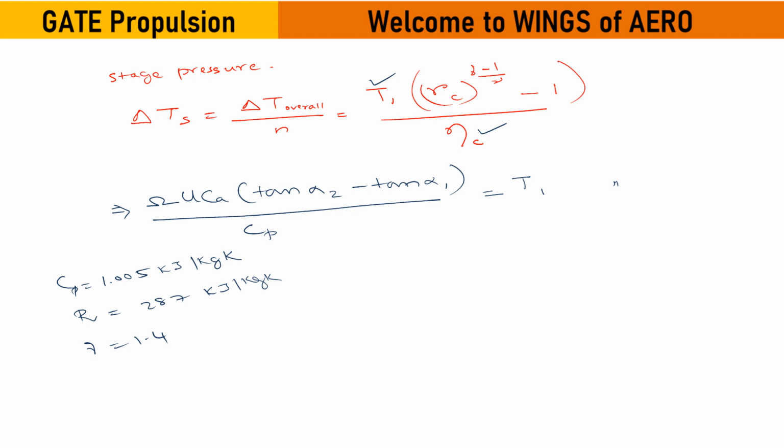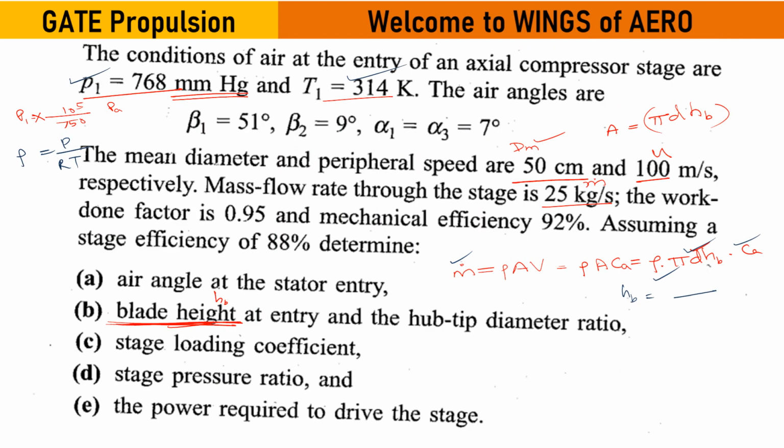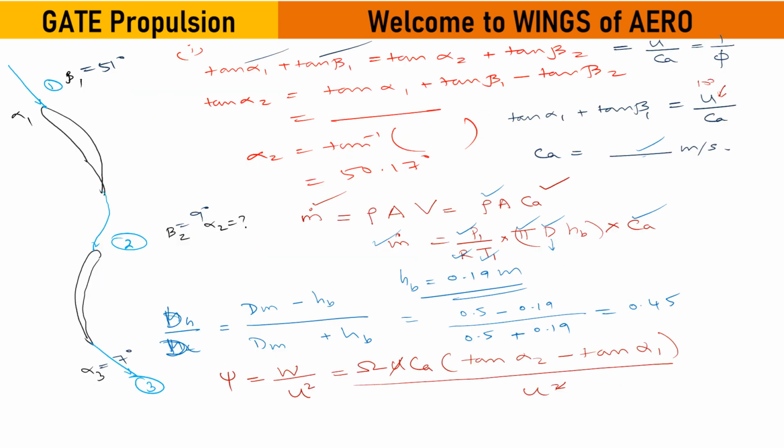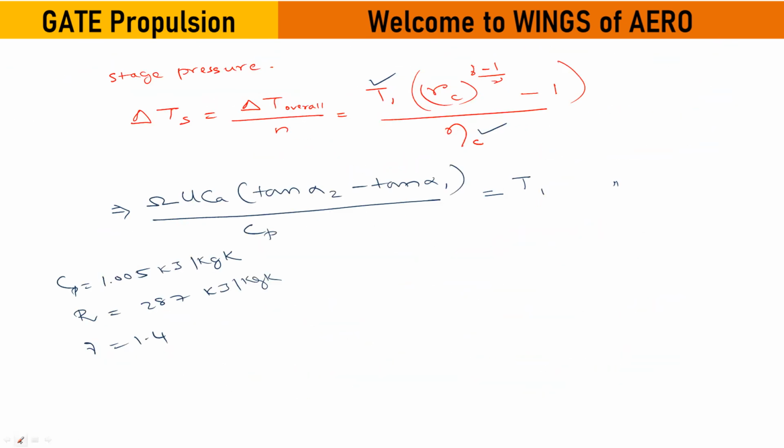Right, and next the last one, let me explain the power requirement to drive the stage. That means they need a power. So power P, the basic formula is M into W, mass flow rate into work done.